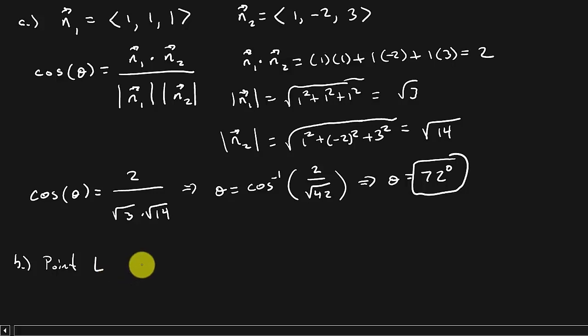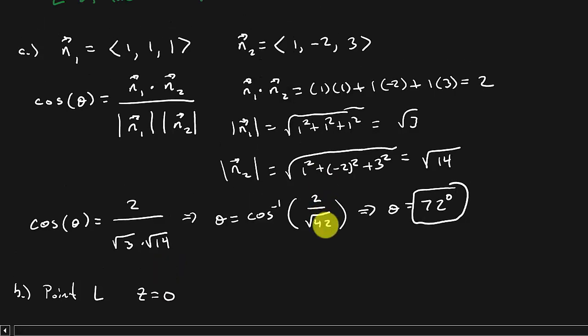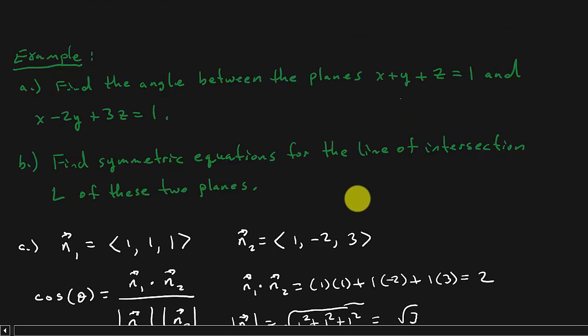So we'll just let z equal 0. So what we're going to do here is plug 0 in for z right here, and plug it in right here.